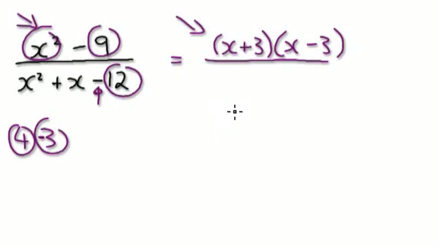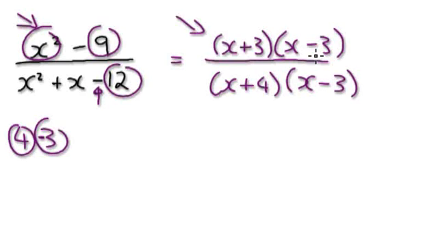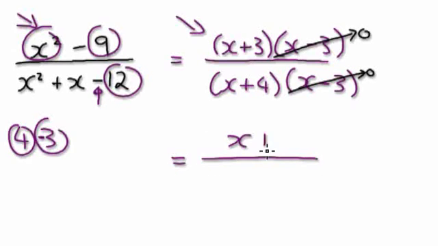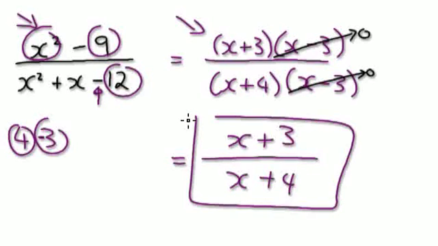So factorizing this gives me x plus 4, and then x minus 3. And look at this here, this cancels out with this. So overall it will be x plus 3 over x plus 4. So this here would be your final answer.